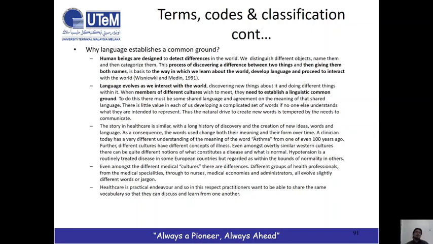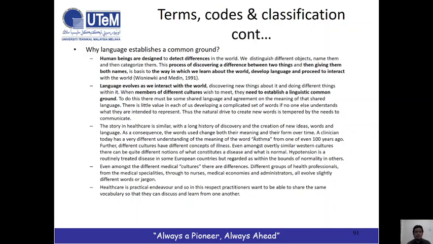When doctors say diabetic, there are two types of diabetic, type 1 and type 2. When you use the term asthma, its meaning is different. That's why term codes and classification are important to be established when we want to develop the healthcare information system.